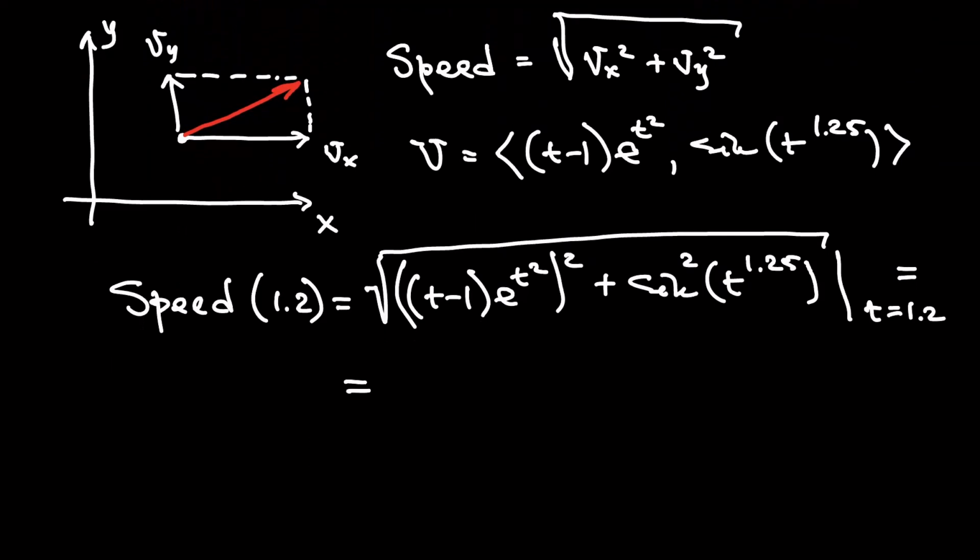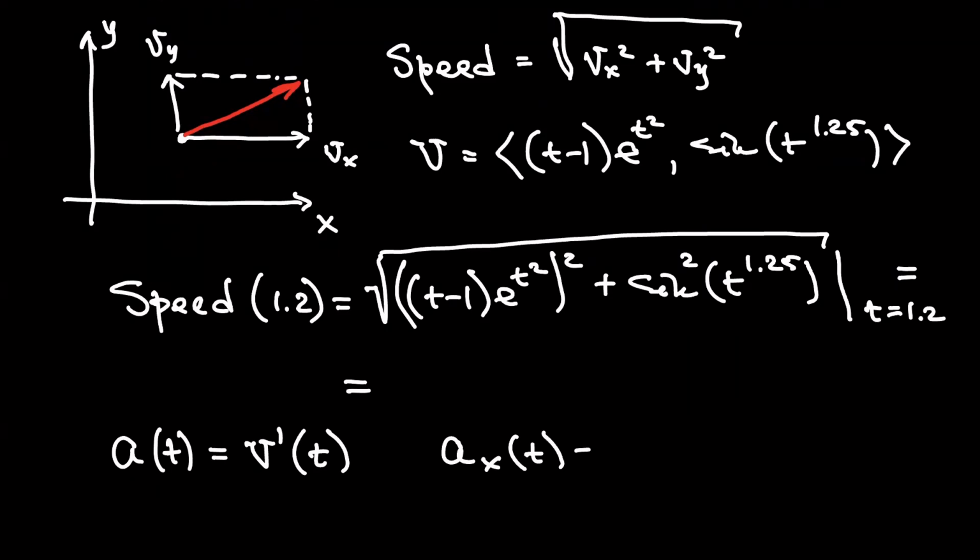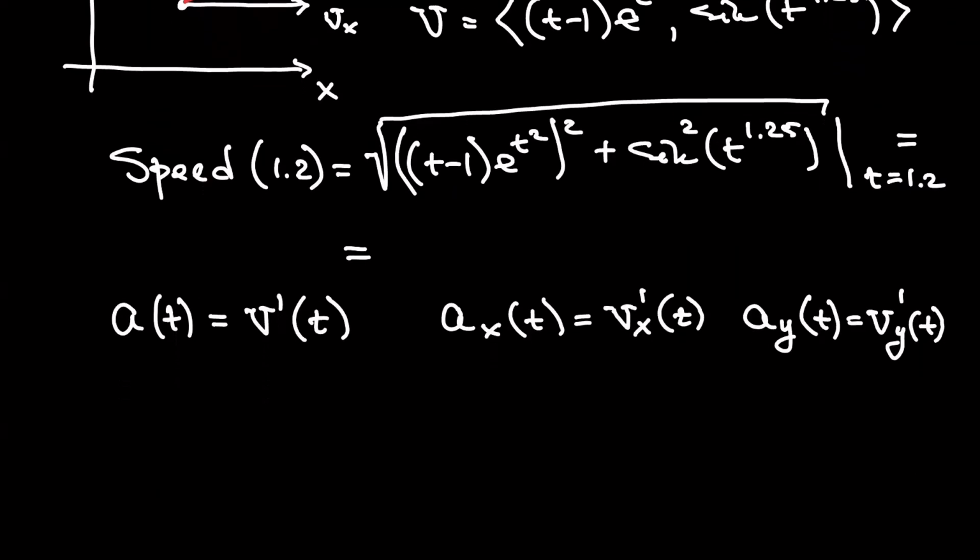And then to find the acceleration, let's recall that acceleration at time t is equal to the derivative of the velocity with respect to time. And so acceleration along the x-axis is the derivative of the velocity along the x-axis with respect to time, and a sub y of t equals the derivative of the velocity along the y-axis at time t.